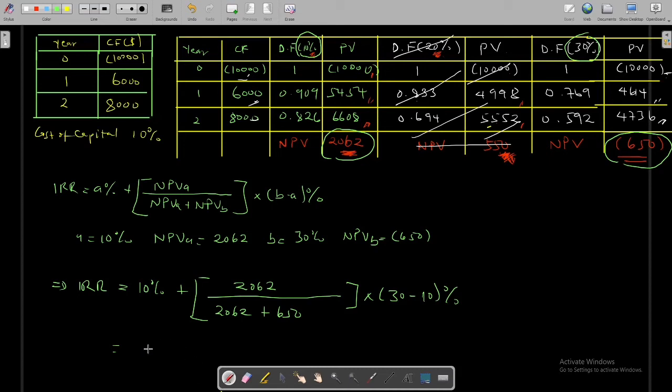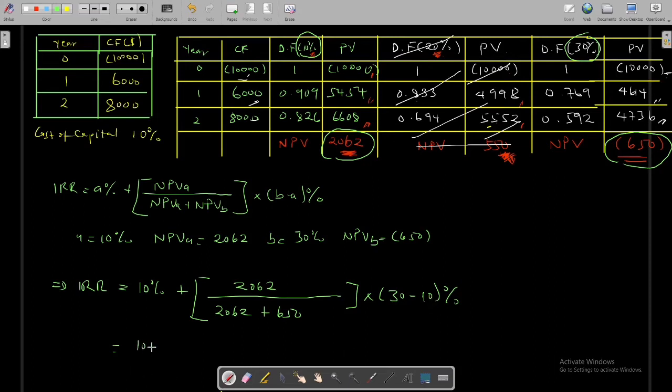Then we multiply that by 30 minus 10, which is 20, so we are going to get 15.206%.